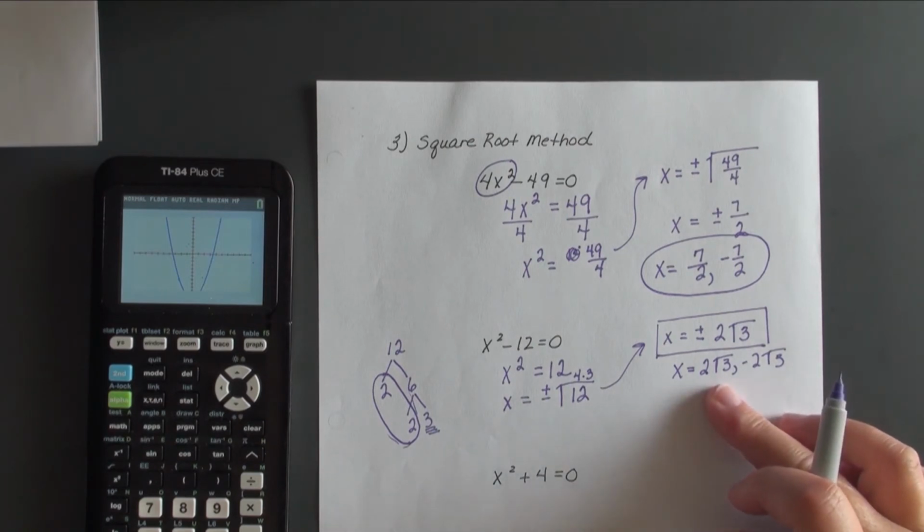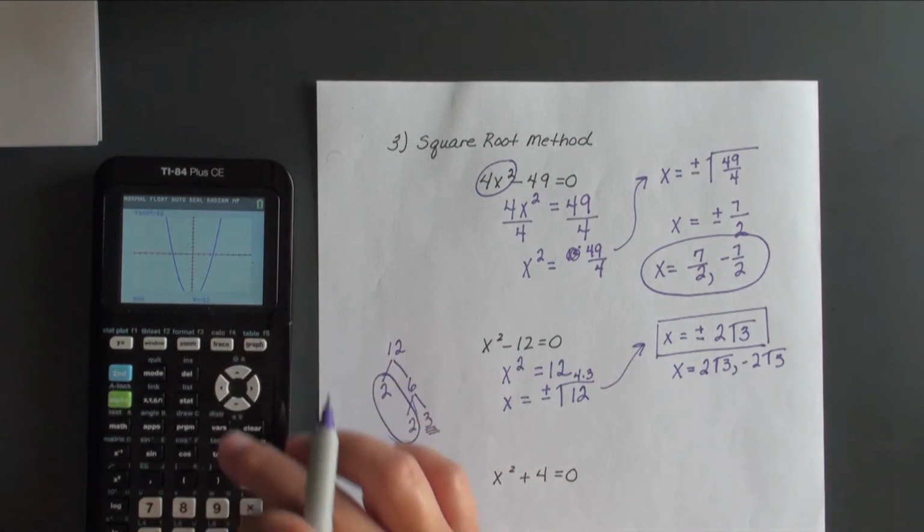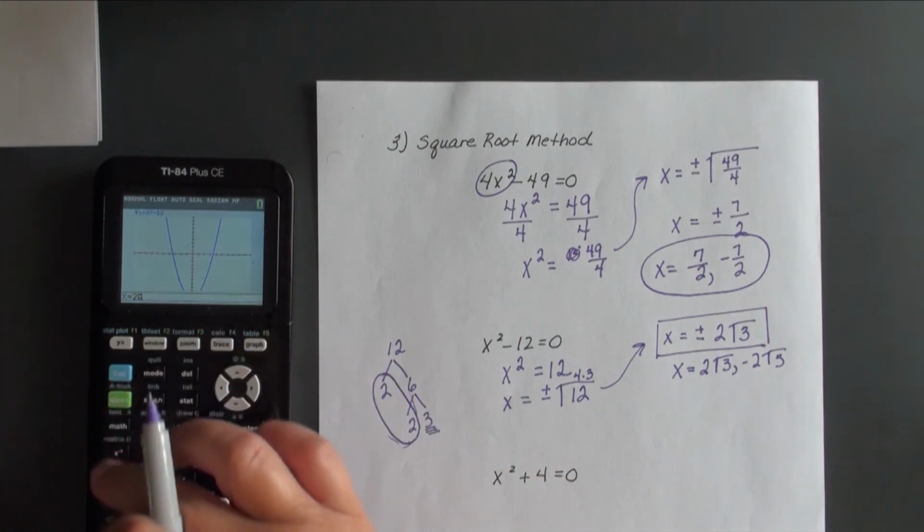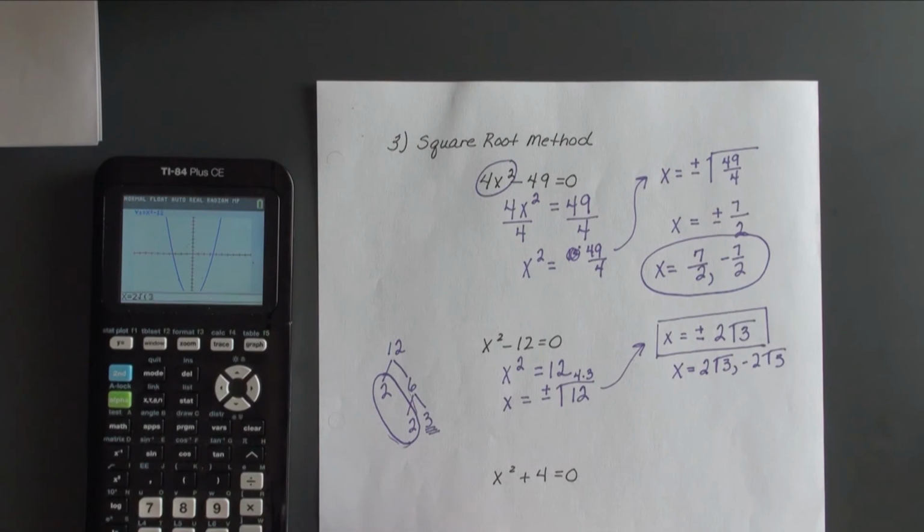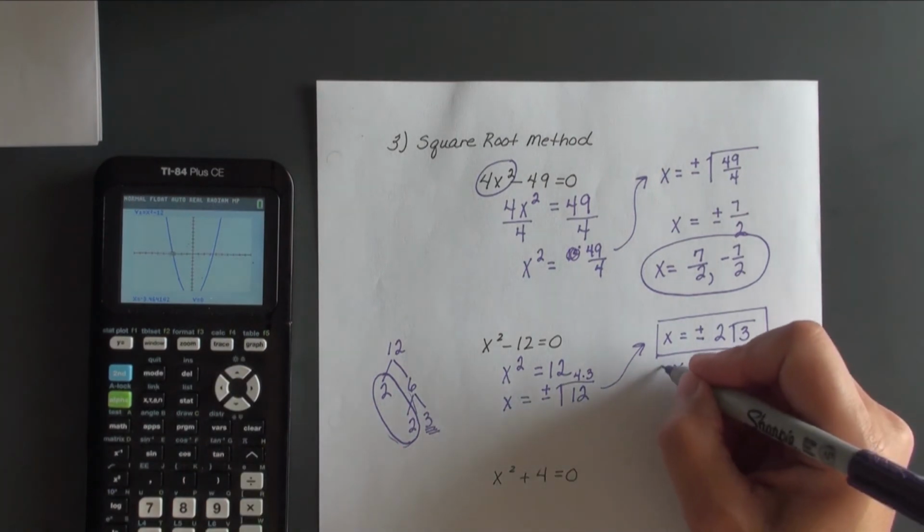Let me test these answers. Trace 2 times the square root of 3, and I get a 0. And then I'll do negative 2 times the square root of 3, and I also get a 0. So there's my solutions right there.